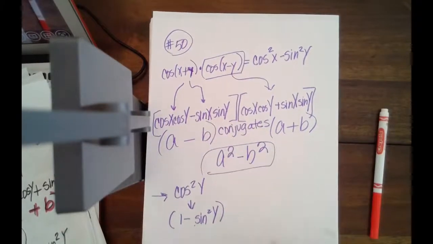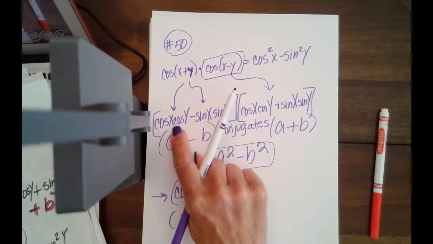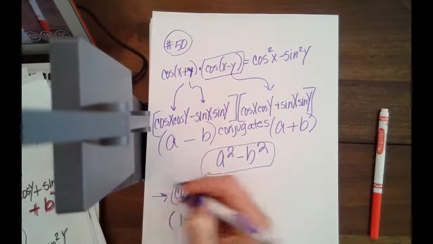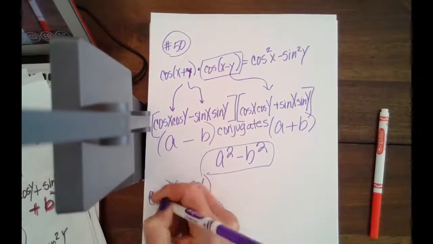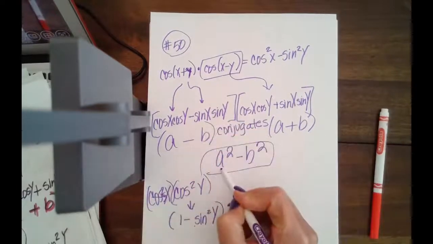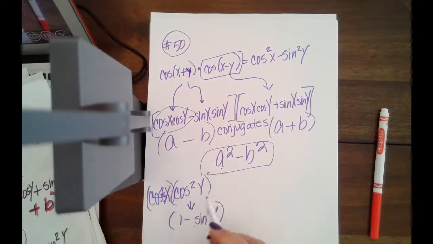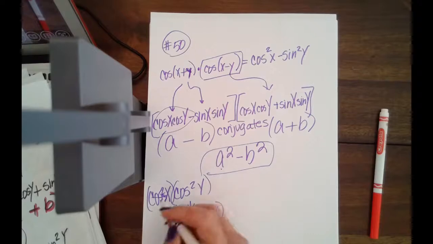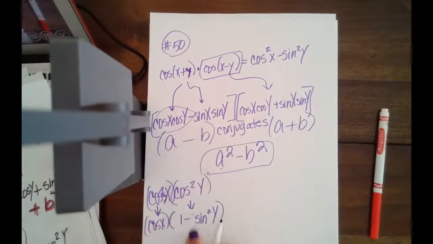You will have right here, because you're going to square this, cosine squared of x. Let me just put that right here. When you go to do your a squared, you're going to square this term: cosine squared of x, cosine squared y. Then you're going to bring cosine x down here, leave him, but convert him to 1 minus sine squared y.